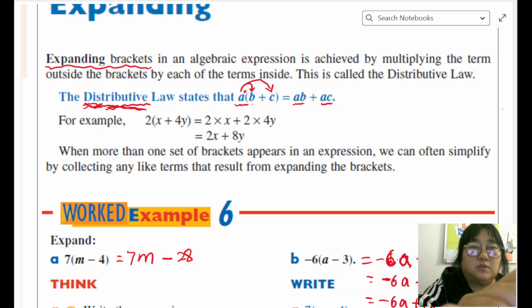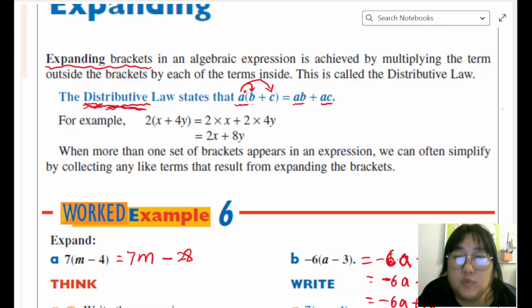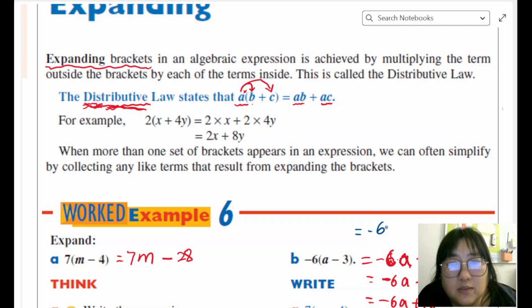But some students also say, Miss, I don't like this way, I like to use this negative. Okay, if you want to use the negative, we still use the distributive law. So -6 times A. Then you just want to keep this negative, so we ignore this negative and use -6 to share to 3. So -6 times 3, and then we just copy this negative down.